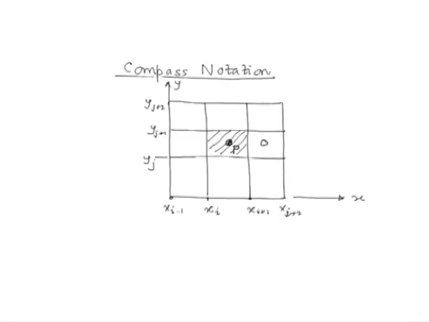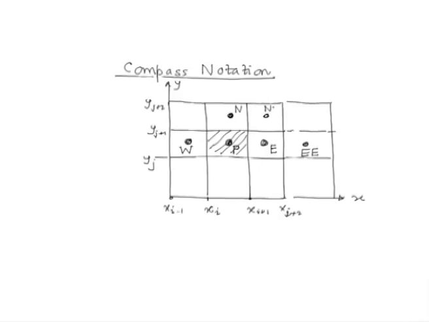The computational node to the right, which is in the eastern direction with respect to P, we would denote by the symbol capital E. The computational node to the west would be denoted by the symbol capital W. If we extend it further, the node to the east of that would use two capital letters, capital EE, and so on. Similarly, in the y direction, the node in the positive y direction will be called the northern node.